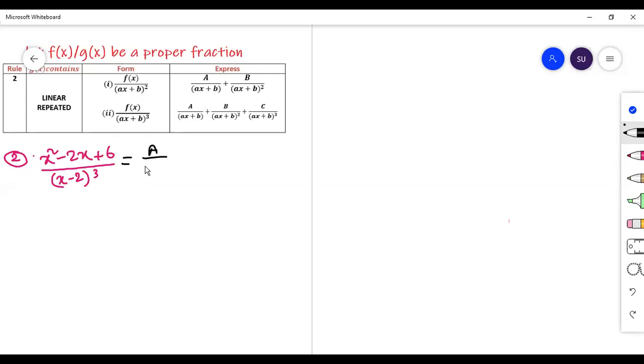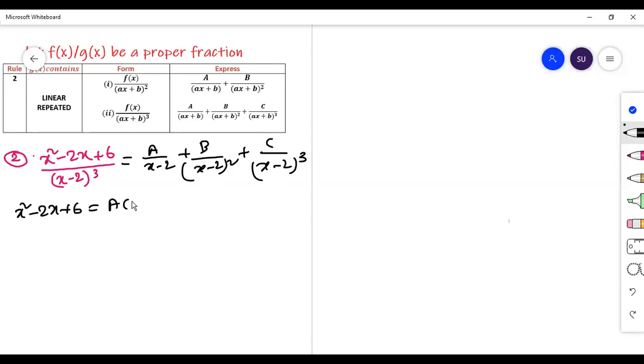So a by (x minus 2) plus b by (x minus 2) whole square plus c by (x minus 2) whole cube, right? So I'm doing this directly: x square minus 2x plus 6 is equal to a into (x minus 2) whole square plus b into (x minus 2) plus c.